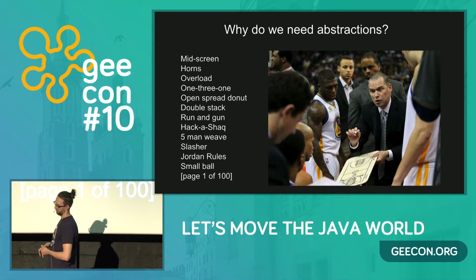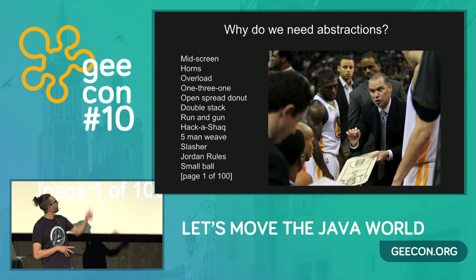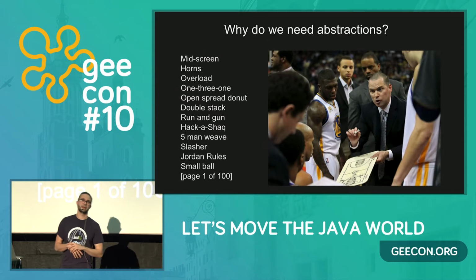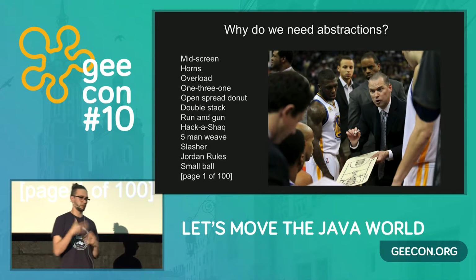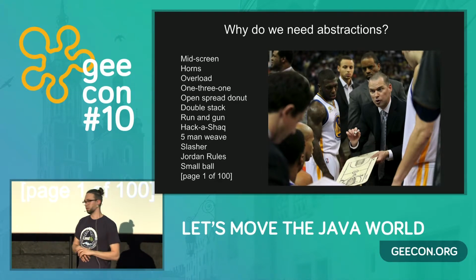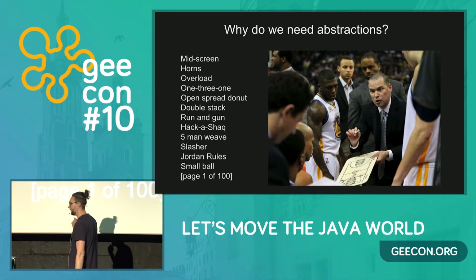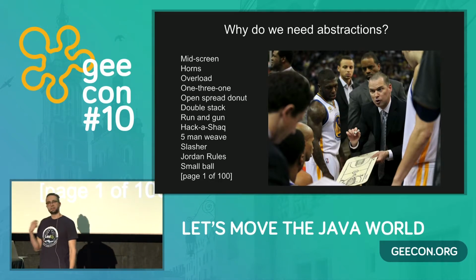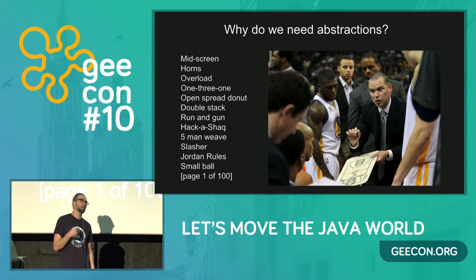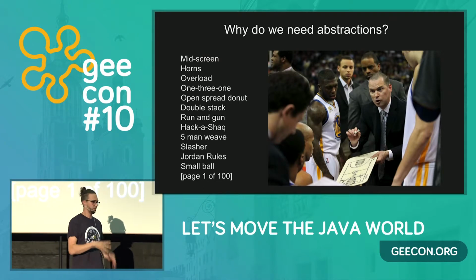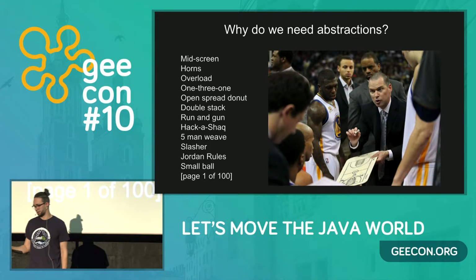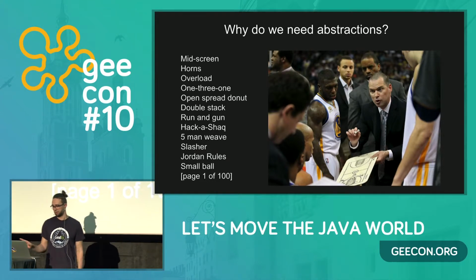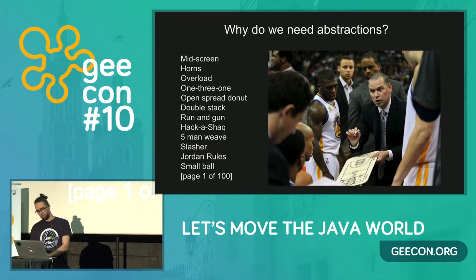And this is just the beginning of a list of basketball tactics that are used during such sync-ups. So you can say that he is speaking a domain-specific language that is built on top of a general purpose language, which is English in this case, and he must be doing this very effectively because it led the Warriors to victory.